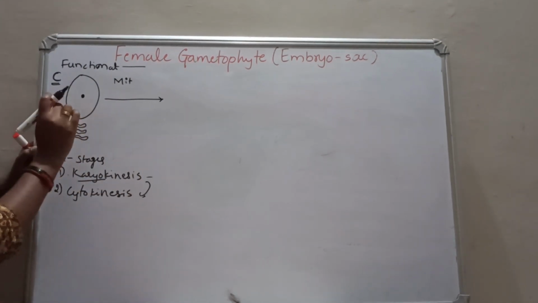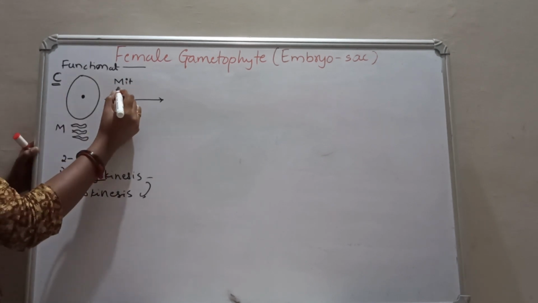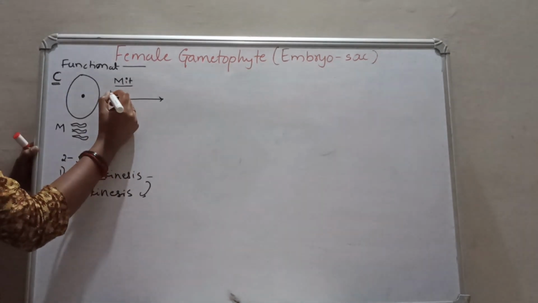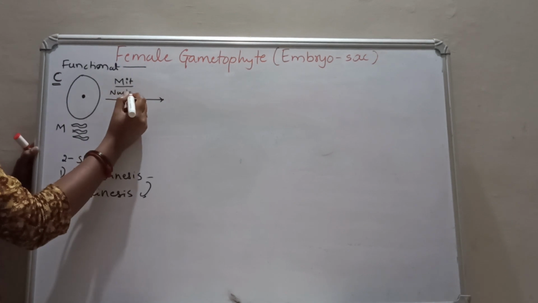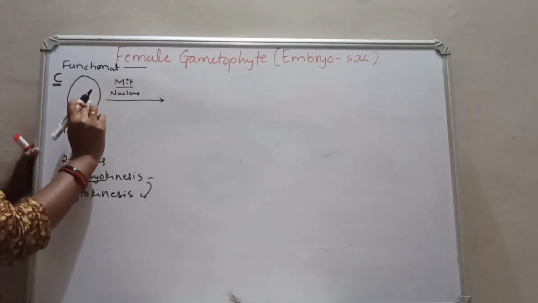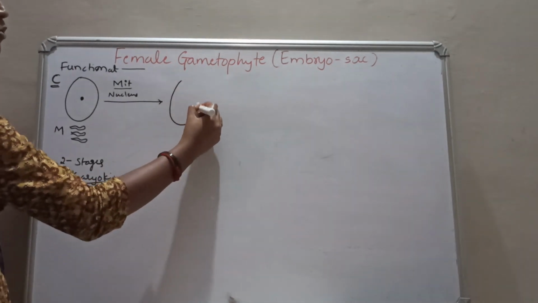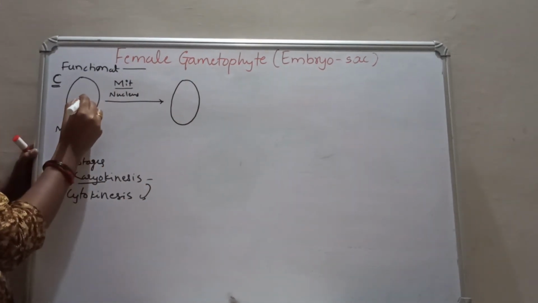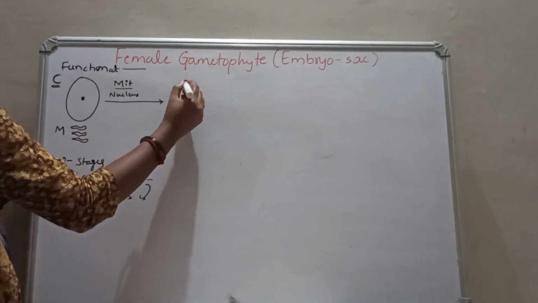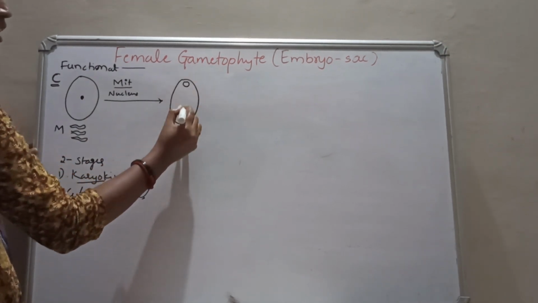Here the functional megaspore divides mitotically; only its nucleus divides, and it produces 2 nuclei.